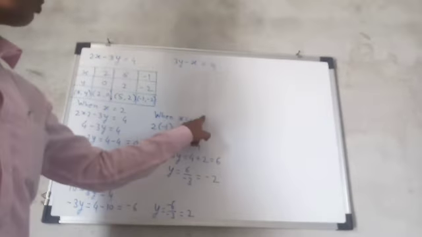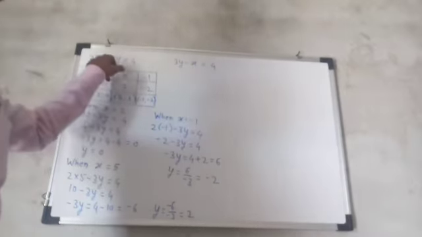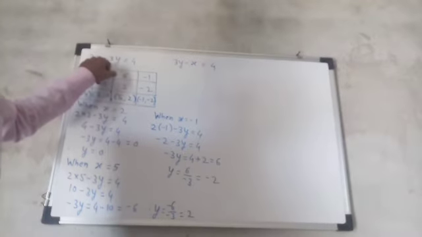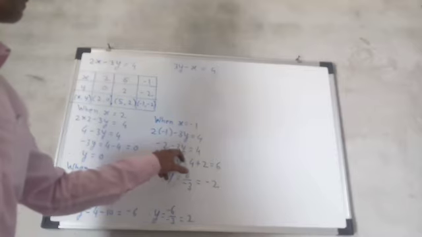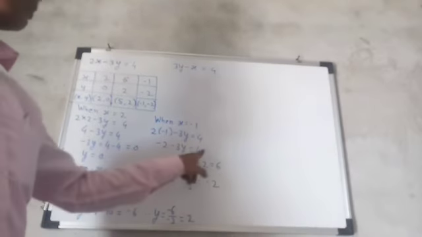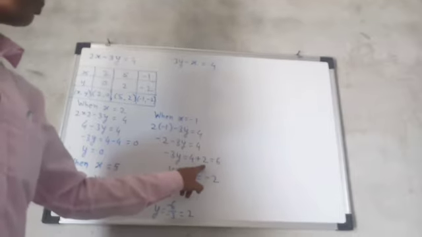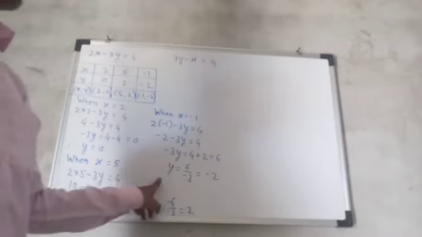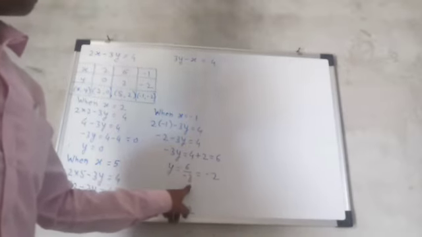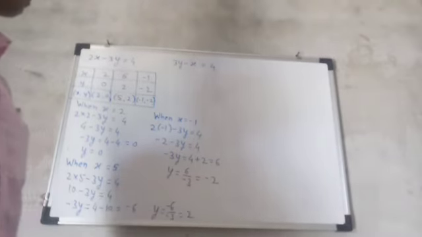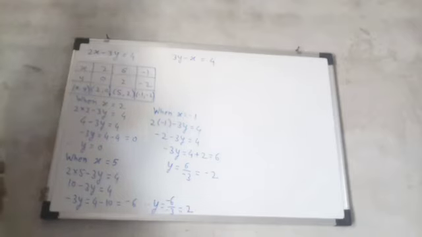When x is equal to minus 1, 2 into minus 1 minus 3y is equal to 4. 2 minus ones are minus 2 minus 3y is equal to 4. Minus 2 comes here as plus. Minus 3y is equal to 4 plus 2, 6. Y is equal to 6 upon minus 3, that means minus 2. These are the points on the equation.